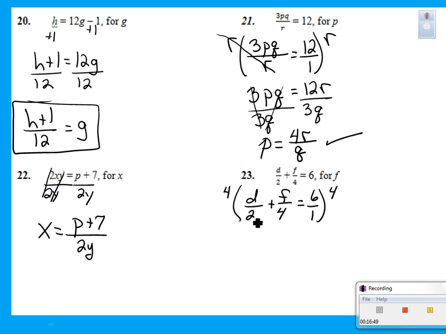Because 4 divided by 2 is 2, 2 times d is 2d. 4 divided by 4 is 1, times f is 1f. So I've got 2d plus f equal 6 times 4, which is 24. Now I need to get f by itself, so I need to subtract this 2d from both sides. So here's my answer: f equals 24 minus 2d. And then I've just got a handful left.